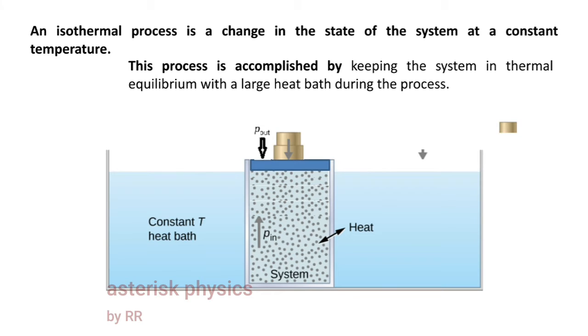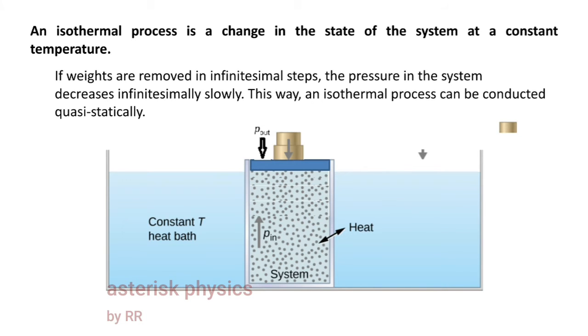The net non-zero force on the piston would cause the piston to accelerate, resulting in an increase in volume. The expansion of the gas cools the gas to a lower temperature, which makes it possible for heat to enter from the heat bath into the system until the temperature of the gas is reset to the temperature of the heat bath.